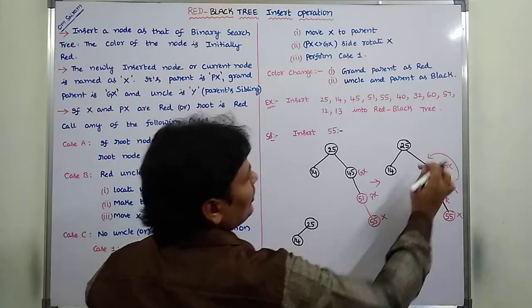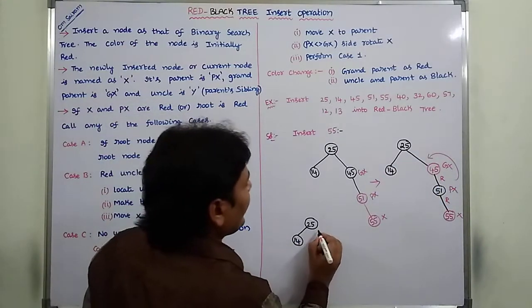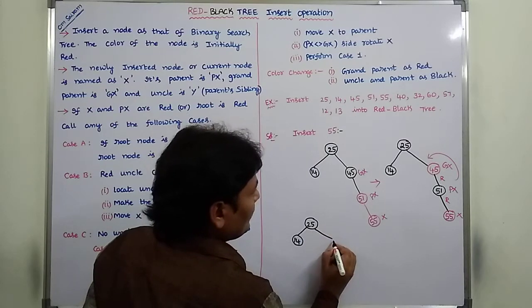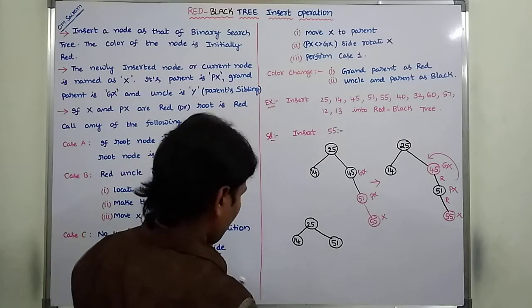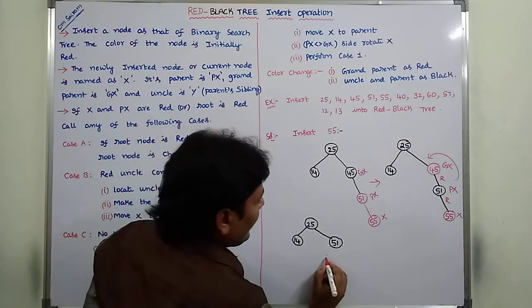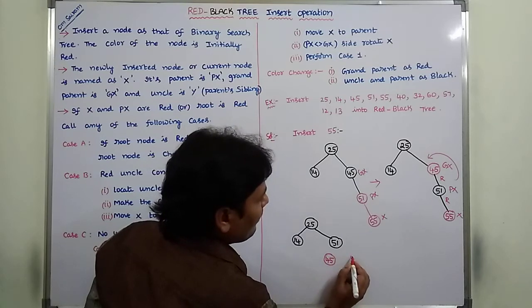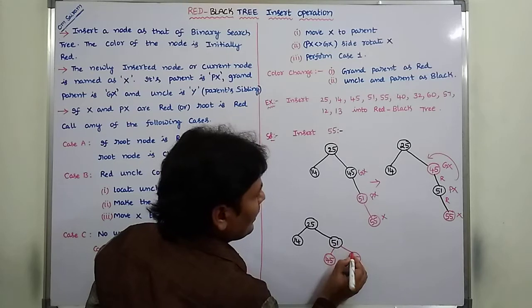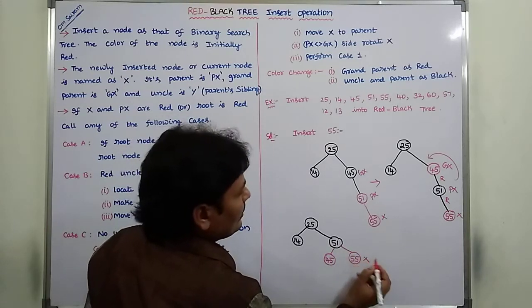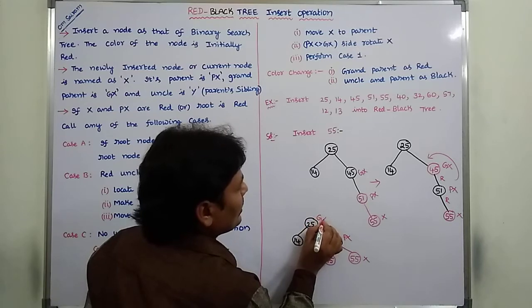Whenever we rotate, we get 51, and 45 is left hand side, and 55 is right hand side. So this is x, and now this is px, and this is gx.